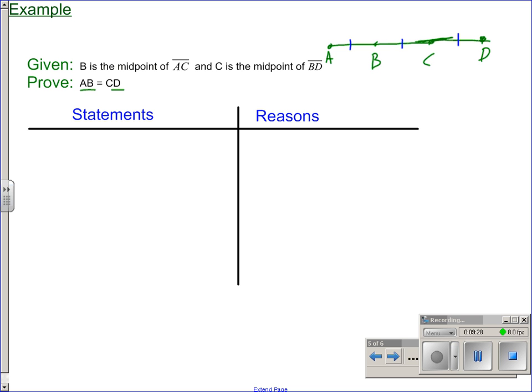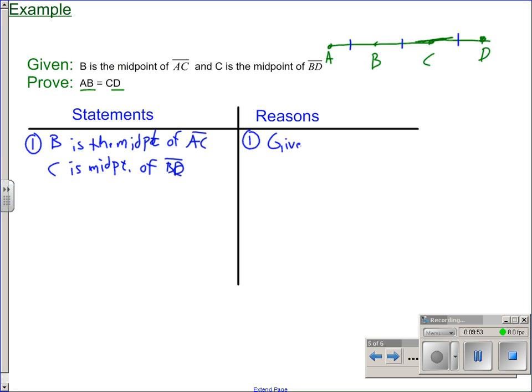So here's how we organize the proof. Your statement one is always the given information. So you're just rewriting it. B is the midpoint of AC. C is midpoint of BD. Okay, and the reason that stuff is true is because it was given to us.